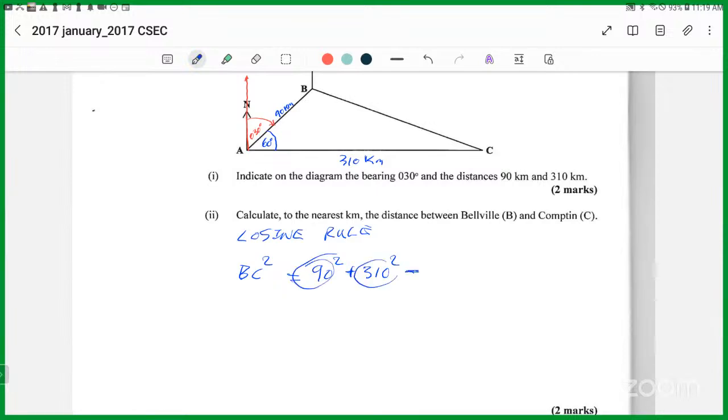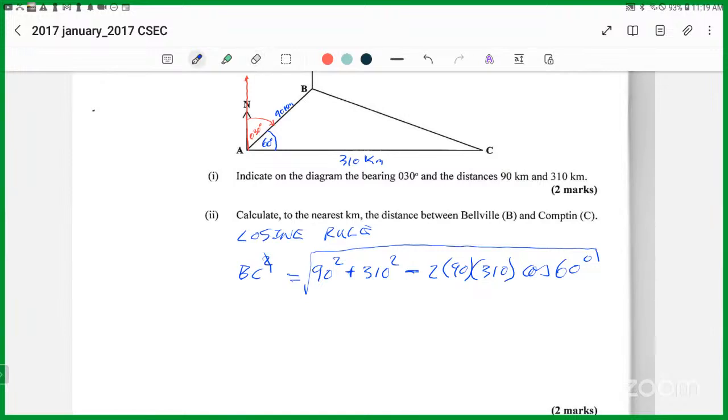Twice the product of these two sides. Twice the 90 times the 310 times the cosine of the angle between them, which is the 60 degrees here. And instead of putting the square on this, we could take off the square and square root this instead, and do one calculation, which is what I'm going to do.